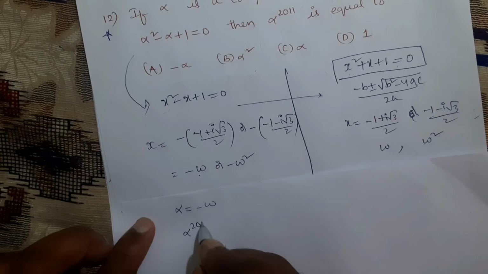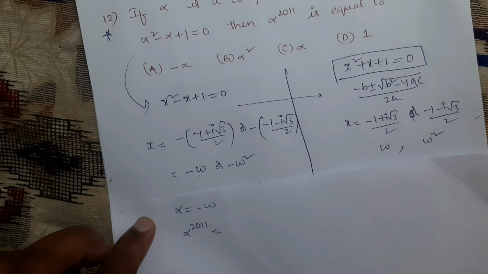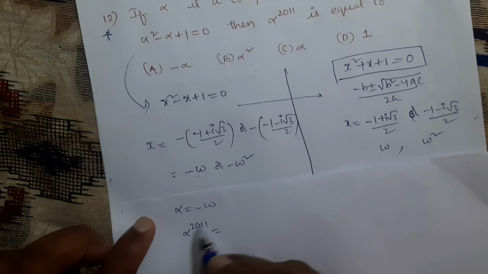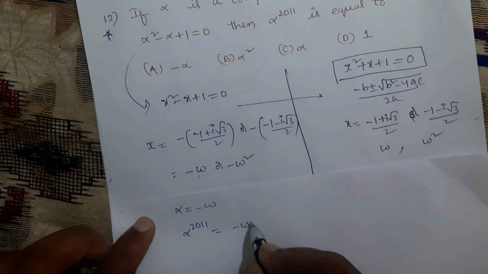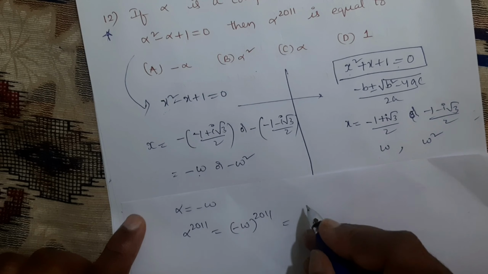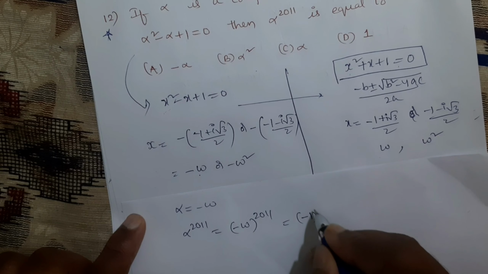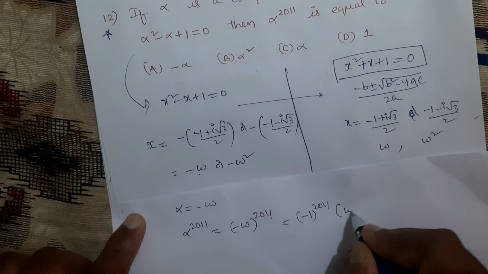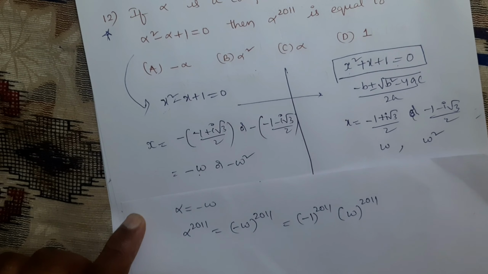So alpha power 2011, as I consider alpha as minus omega, you can consider this also. Alpha power 2011 I will consider as minus omega power 2011. Minus omega power 2011 we can write as minus 1 power 2011 and again omega power 2011.